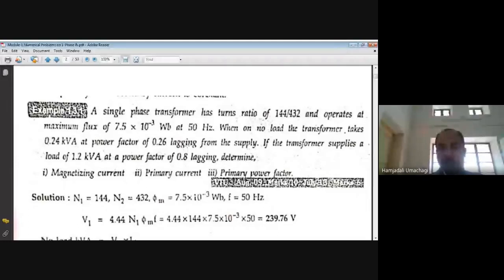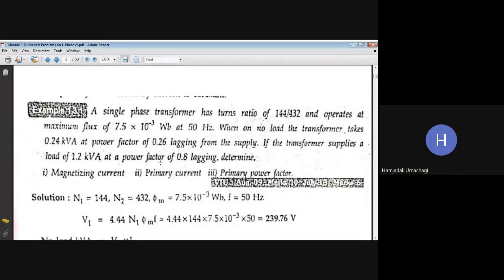If the transformer supplies a load of 1.2 kVA at a power factor of 0.8 lagging, determine first magnetizing current, second primary current, and then primary power factor.